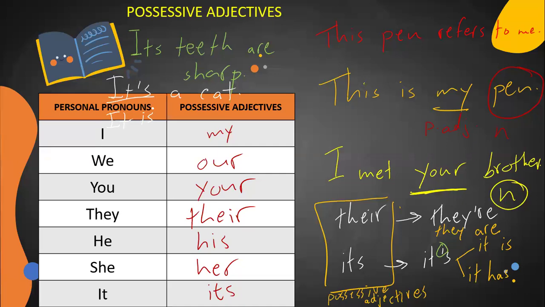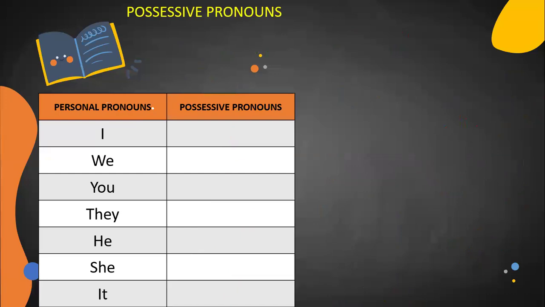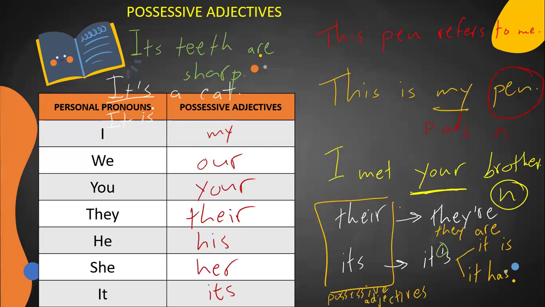Okay, now on the other hand, we have the possessive pronouns. The possessive pronouns also show possession, but they are not followed by nouns because they are pronouns and they take the place of the nouns. Like this example, again, this pen refers to me. When we talked about the possessive adjectives, we said, this is my pen.